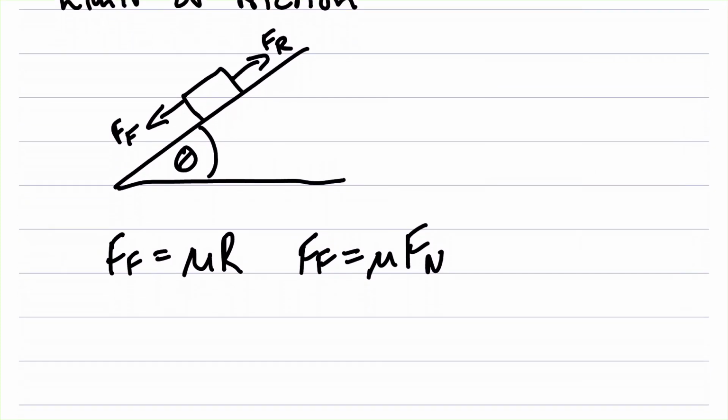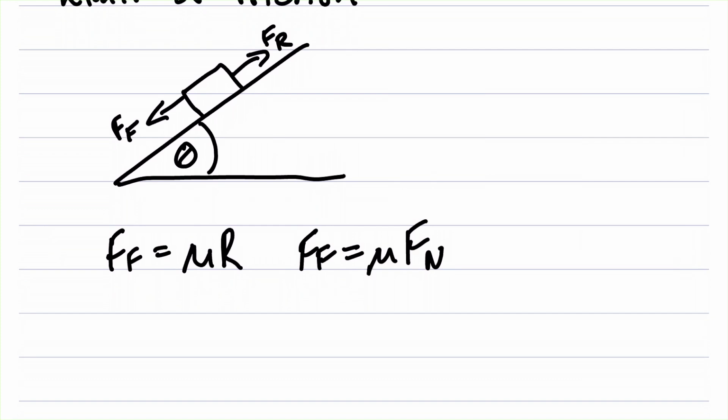Now, when an object is moving or about to start moving, we mark the friction as equal to this.